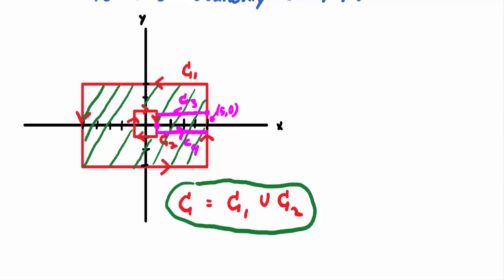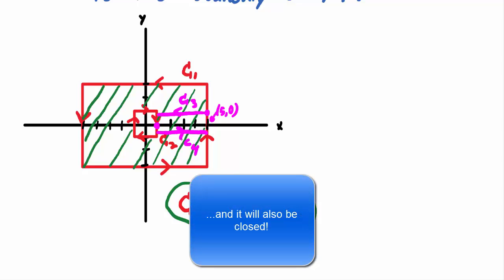Now, if you can draw the curve C and not lift your pencil, then it is at least piecewise smooth. Okay? So what is C going to become then?